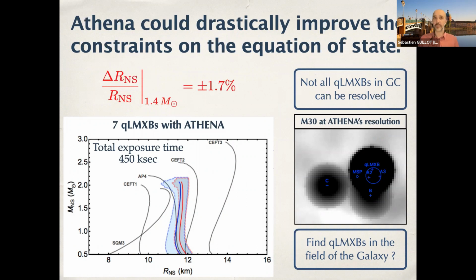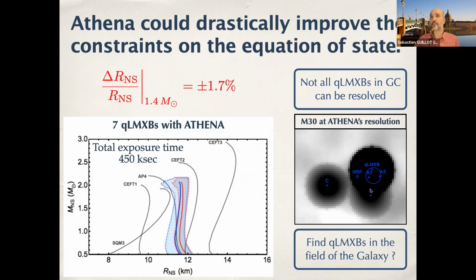One thing that is important that I mentioned is that Athena will not be able to resolve all of the QLMXBs in globular clusters. Some of them will not be resolved, and this is an example here of the core of the globular cluster M30, downgraded to the Athena resolution.